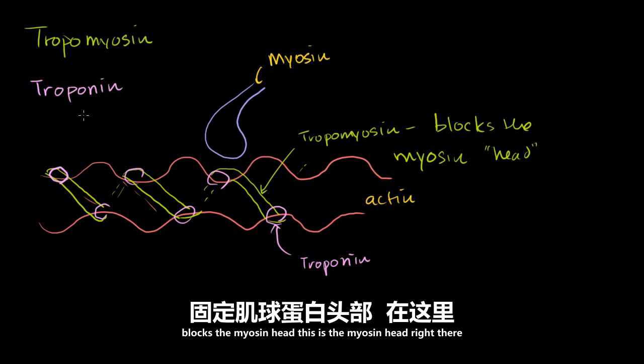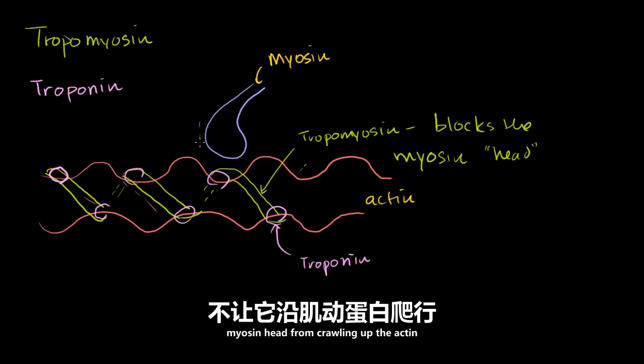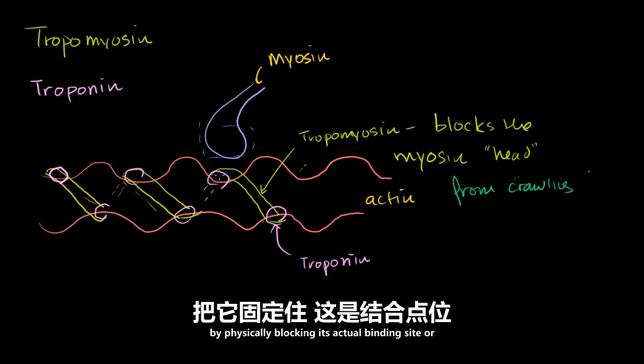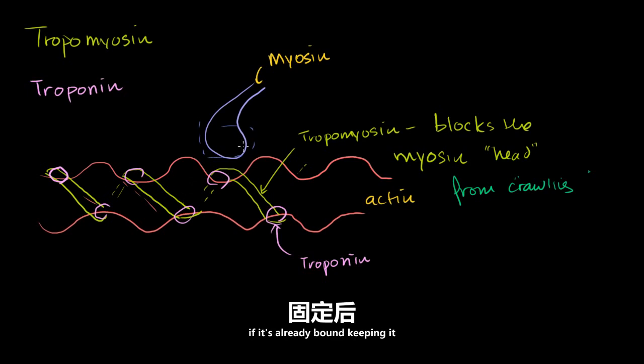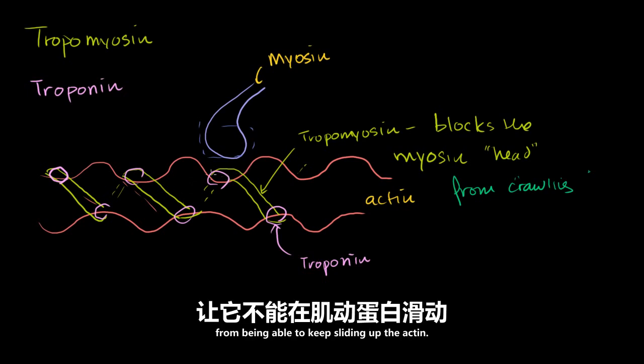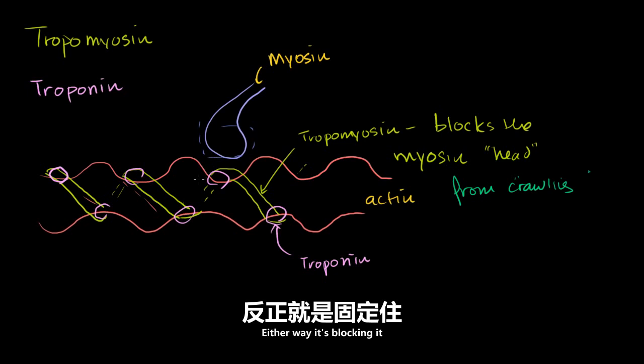This is the myosin head that I'm talking about, from crawling up the actin, either by physically blocking its actual binding site, or if it's already bound, from keeping it from being able to keep sliding up the actin. Either way, it's blocking it.